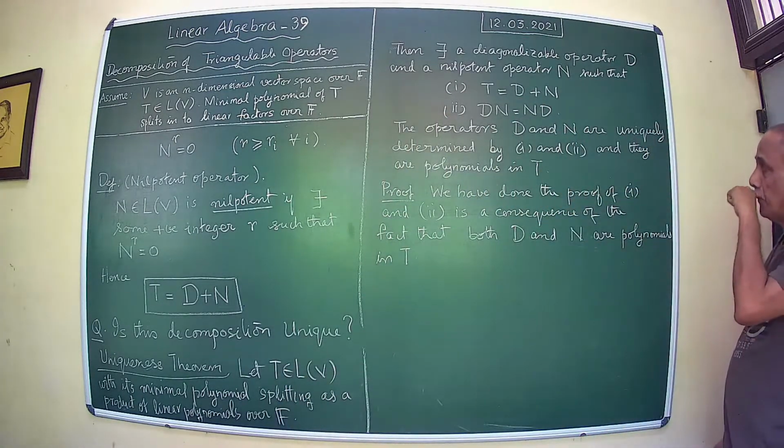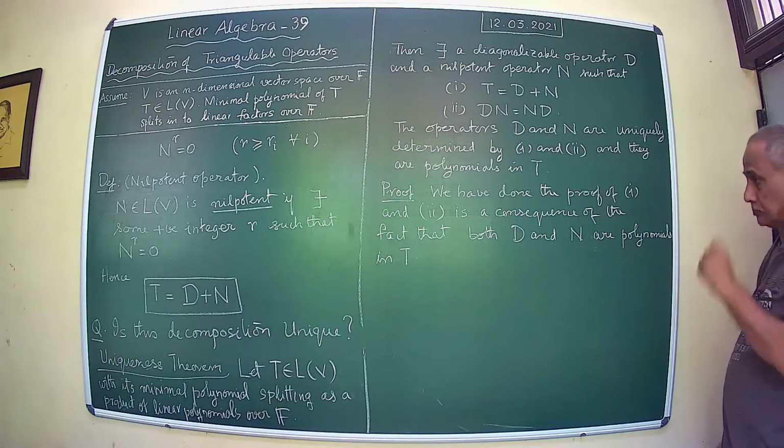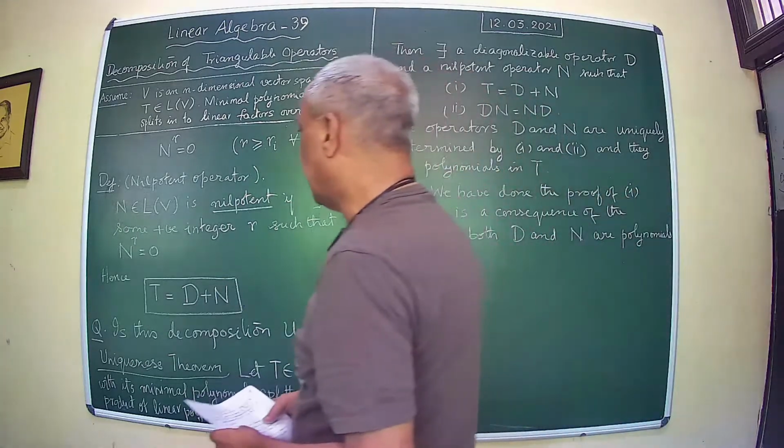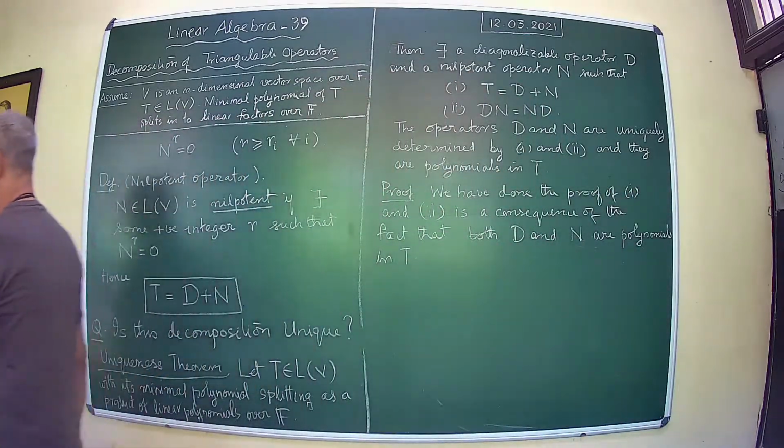First of all, you observe that every one of these Pi are polynomials.